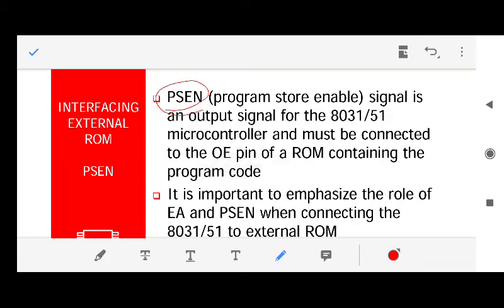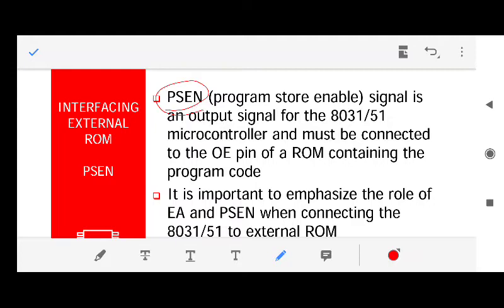What does it mean? As the name suggests, it means the program is stored outside the 8051.